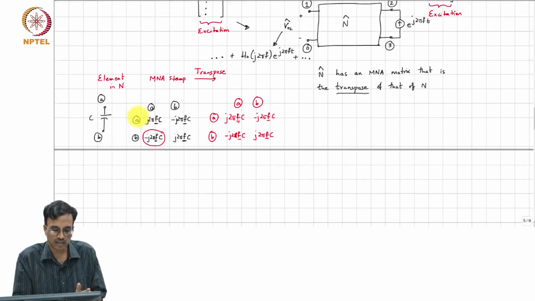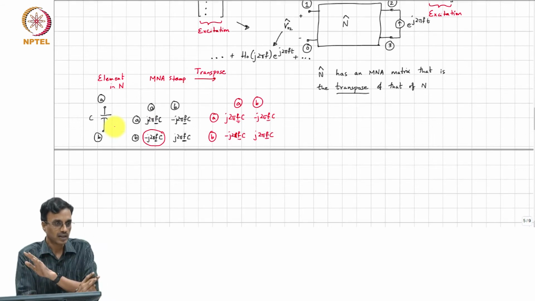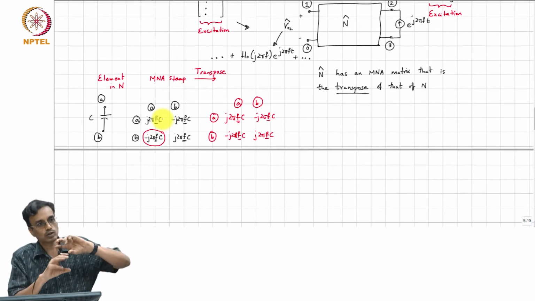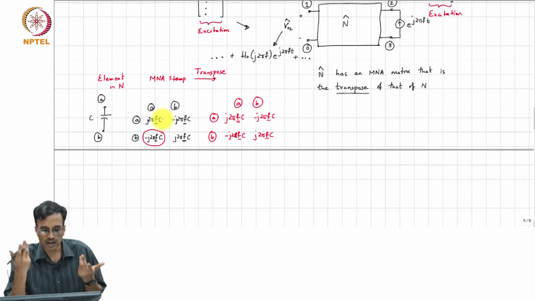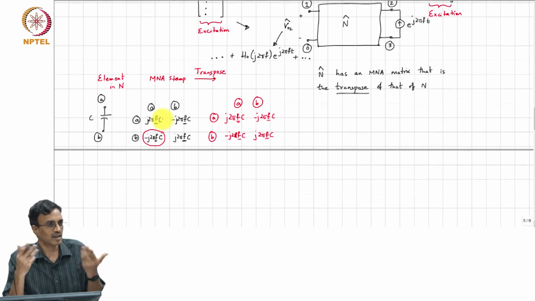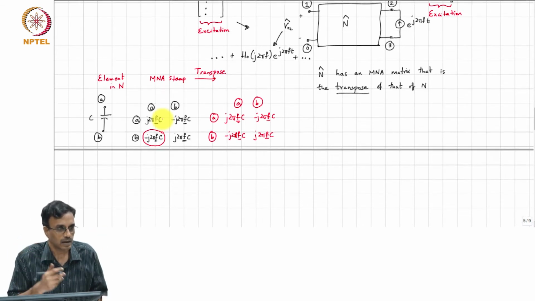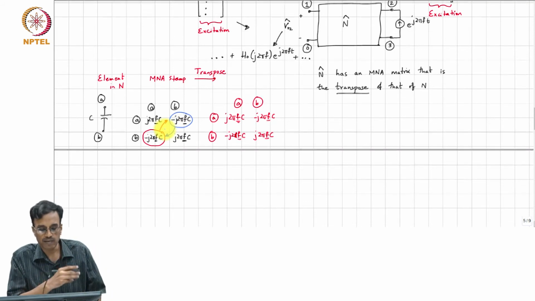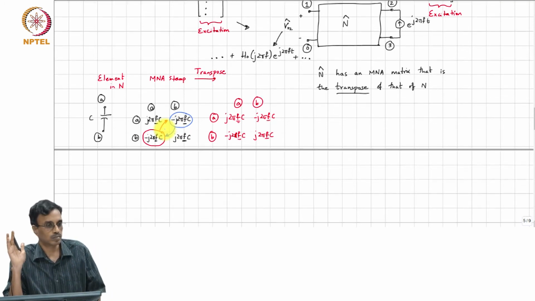Fortunately for us, with the capacitor, because everything is diagonal, there is no real issue, right. So, this is going there, and this fellow is coming here, but fortunately F is a diagonal matrix, and therefore, we have no issue.